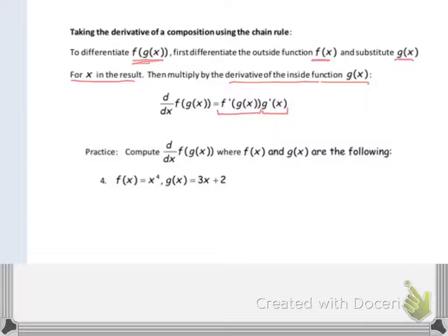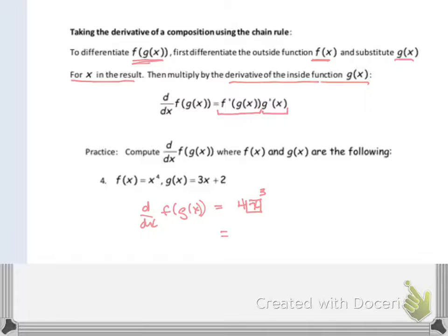All right, so let's practice doing that. So if my f of x is x to the 4, they want me to take that derivative first. So I'm looking for the derivative with respect to x of f of g of x. So that's going to be 4x cubed, but what do I have to do? I have to replace this with my g of x.